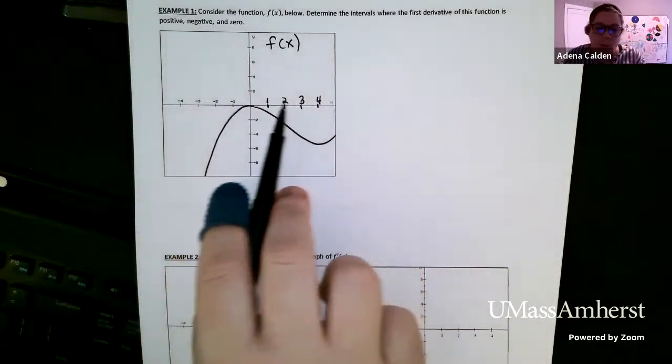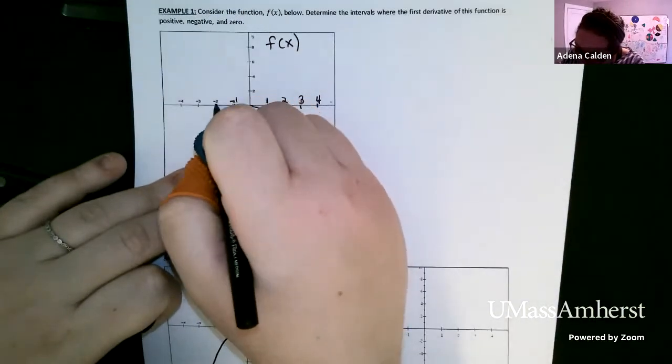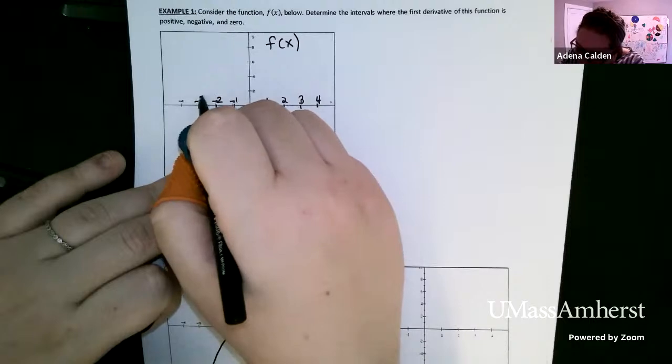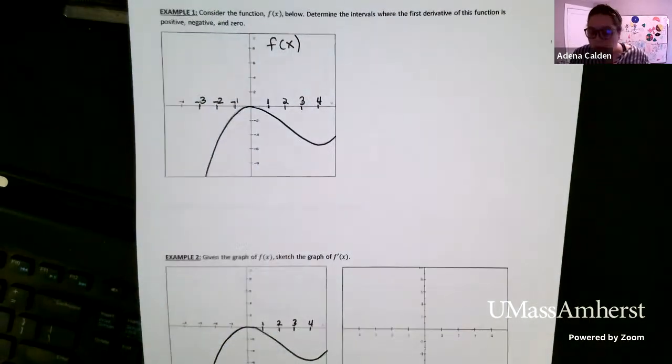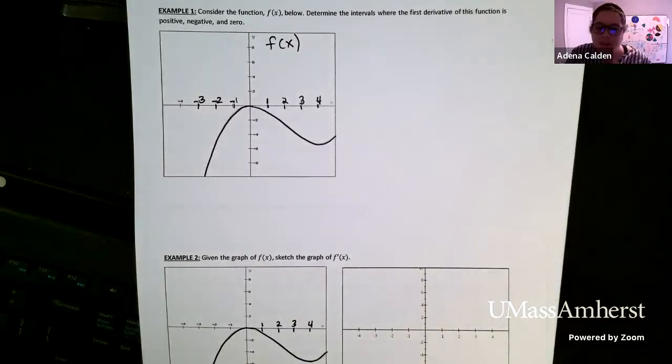These are counting by ones, and same thing over here, -1, -2, -3, etc. I want you to look at this and figure out where those intervals are where the first derivative will be positive, negative, and 0.